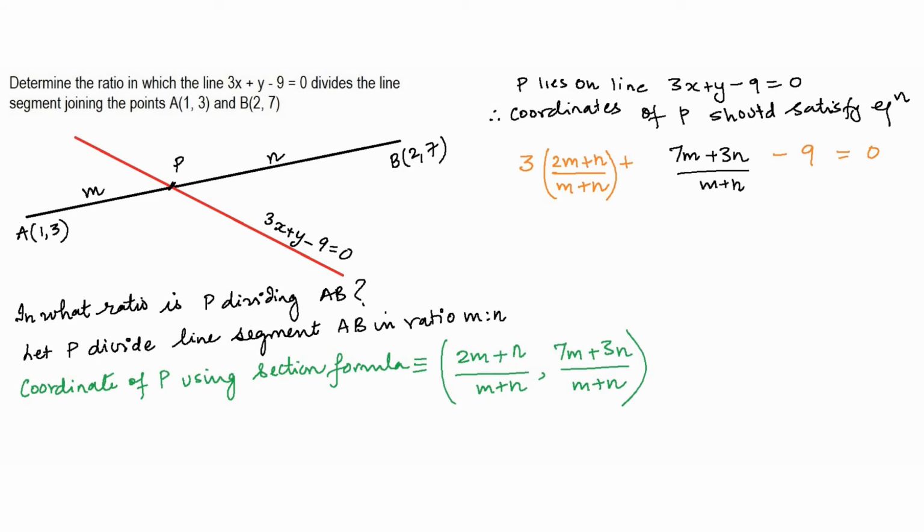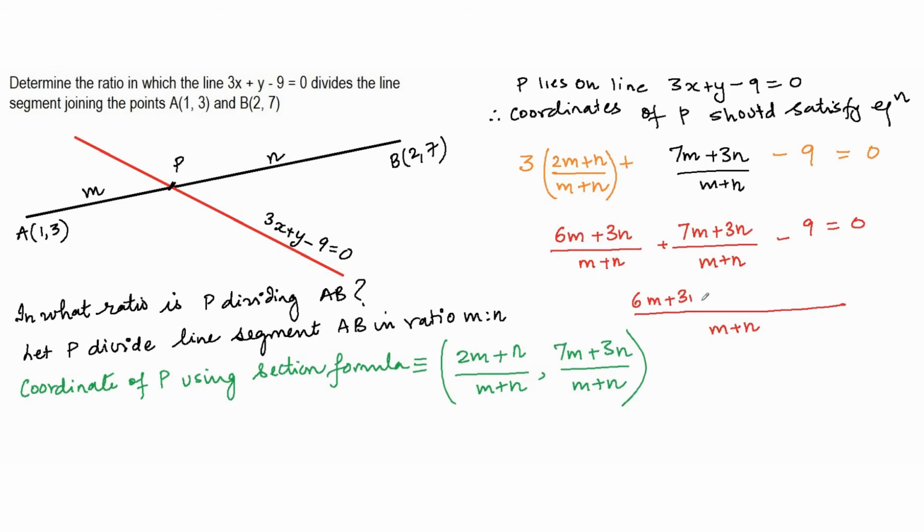And therefore, I can now simplify this equation for m:n. We get (6m plus 3n) divided by (m plus n) plus (7m plus 3n) divided by (m plus n) minus 9 equals 0. The LCM is m plus n. So this is 6m plus 3n plus 7m plus 3n minus 9 times (m plus n) is equal to 0.